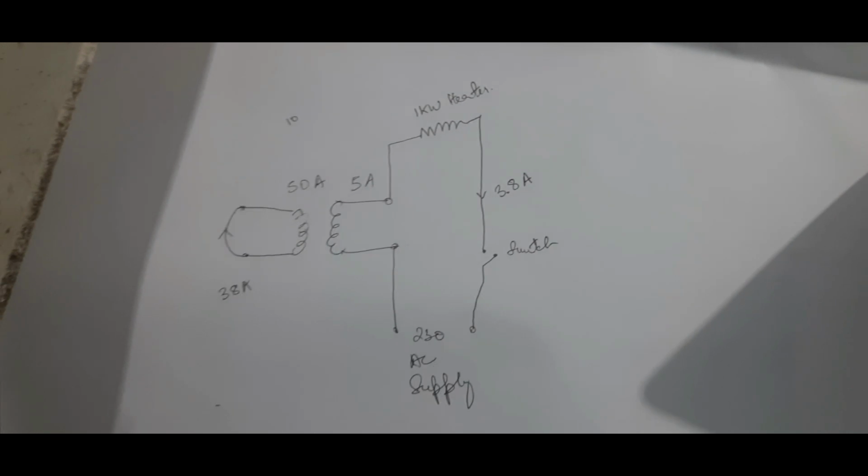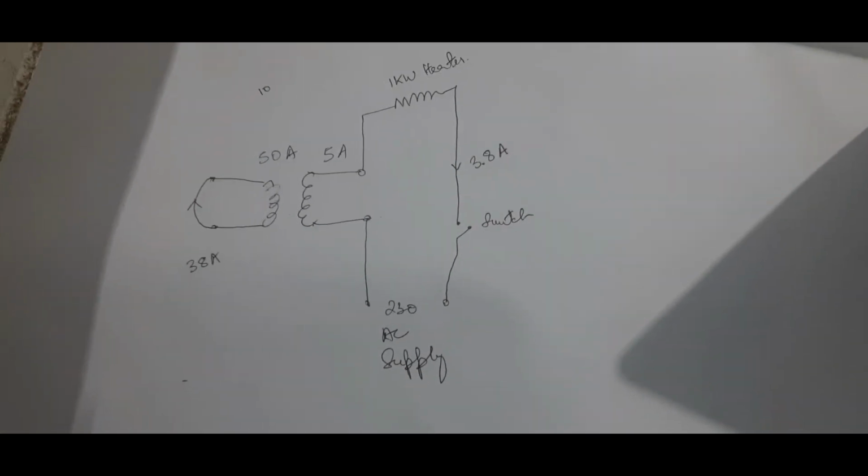Now we'll go into the practical things. The one that I just told you, this is the whole setup. I have taken the power supply from our domestic voltage, and the connection is like this. I'm connecting this load in series with the secondary of the CT.